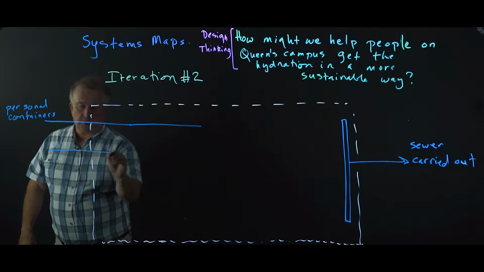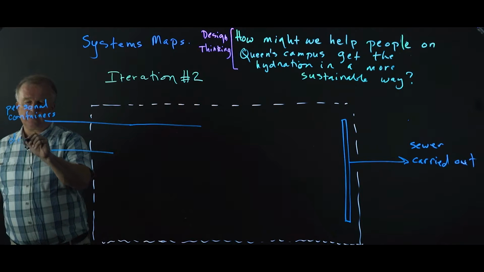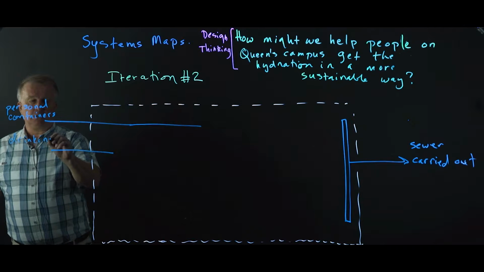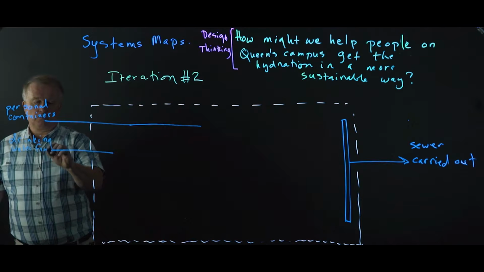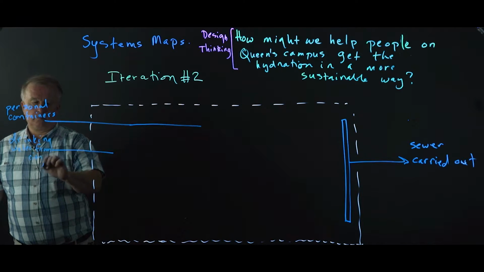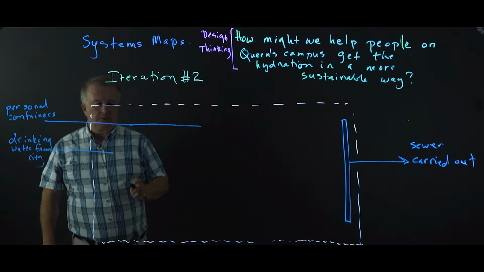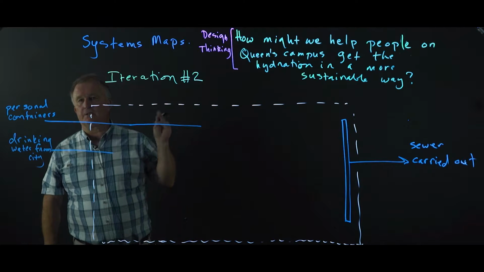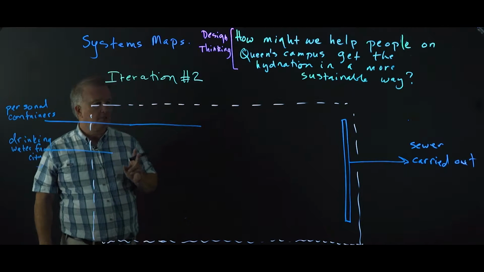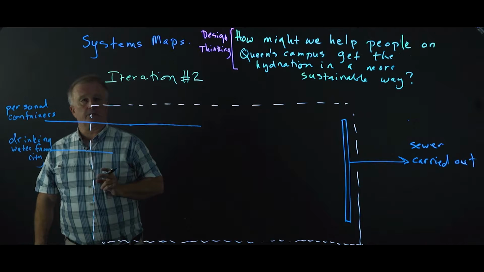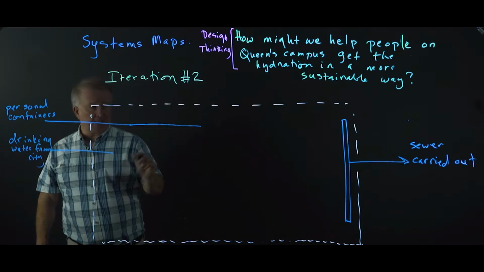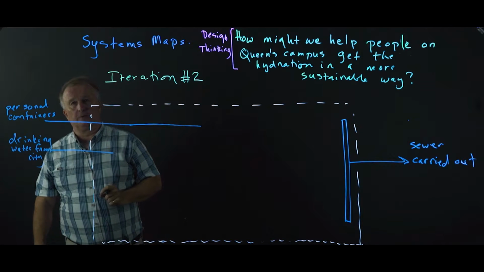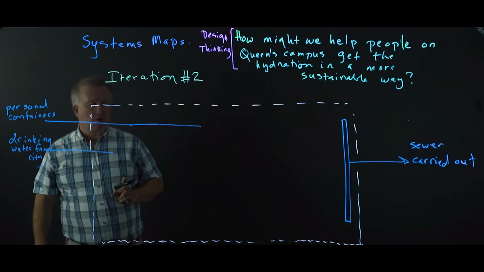Then what we did was we said we have drinking water that comes in from the city. Okay. And what we recognized there is that that drinking water gets used in several different ways, okay? Well, one of the ways actually is that it could fill people's personal containers, okay?